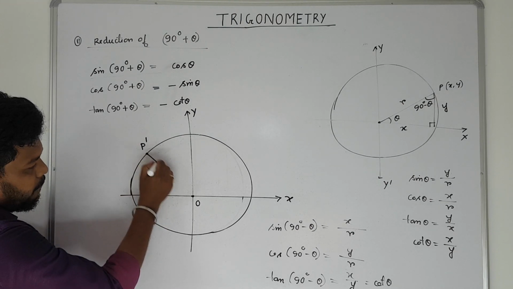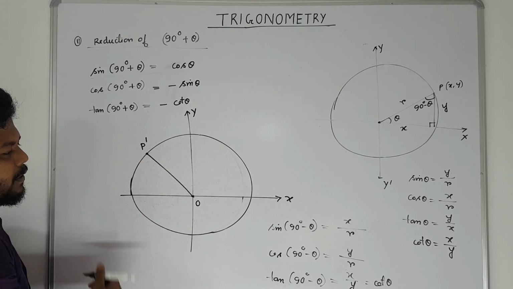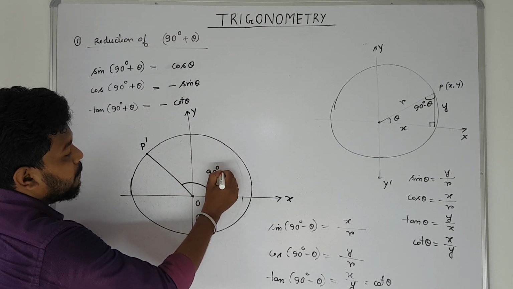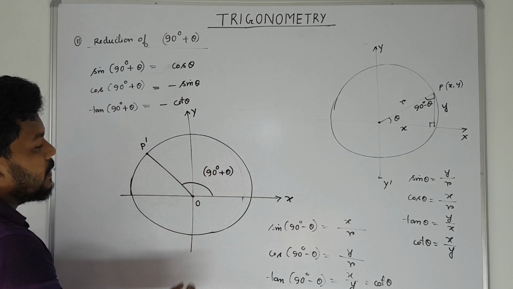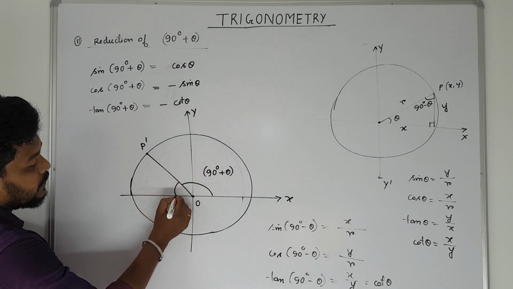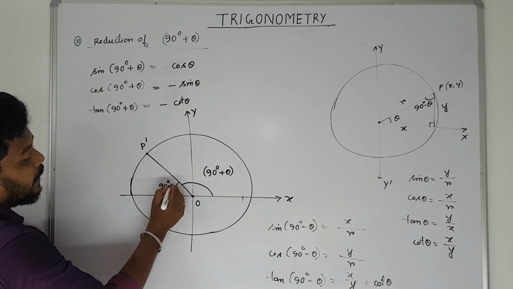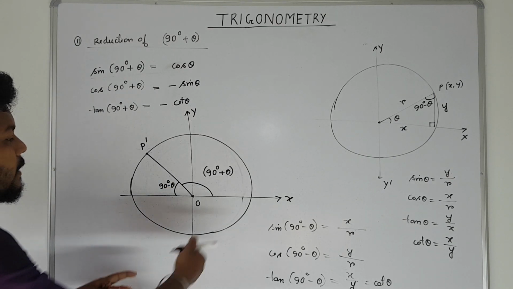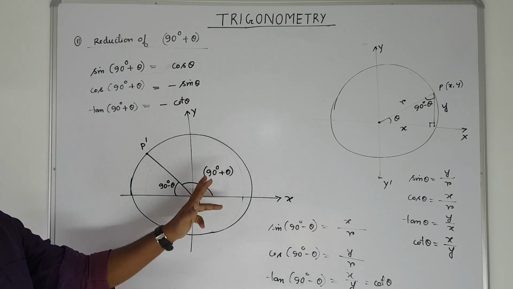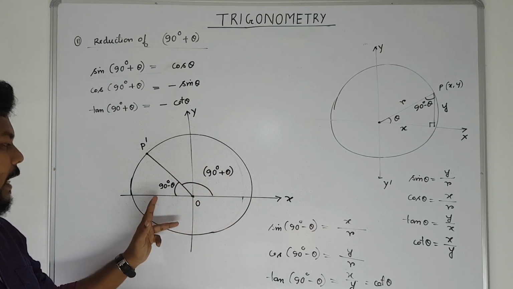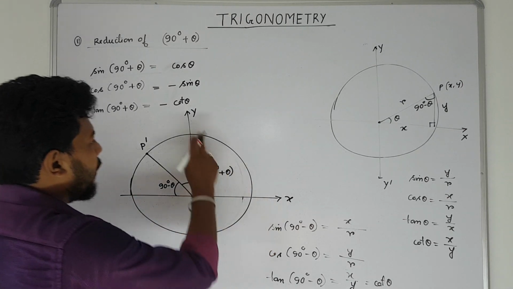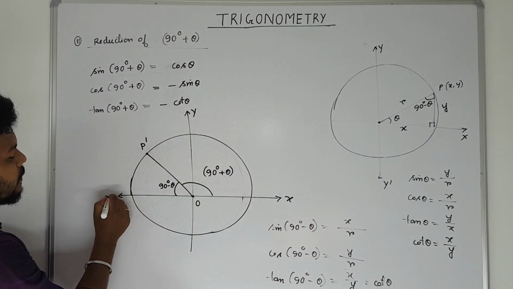If I join the center and the point P, this angle is your 90 degree plus theta. Why is this 90 degree? This is your theta. So this angle is 90 degree minus theta, because this is one straight angle. So if I find their sum, 90 degree plus theta plus 90 degree minus theta will be equal to 180 degree. So this is x axis, this is y axis, this is x dash.